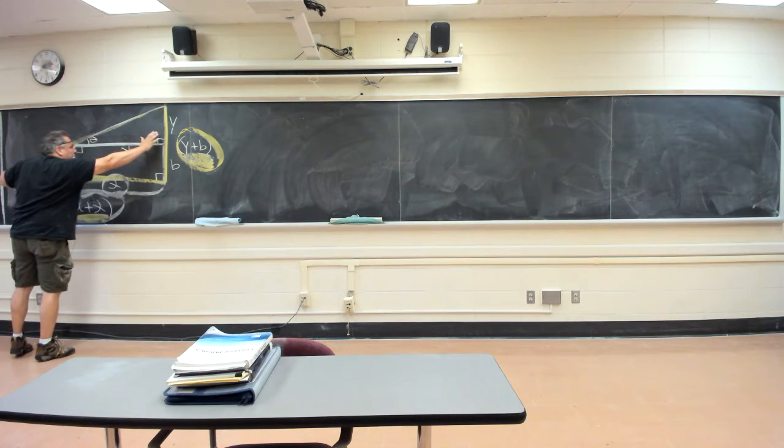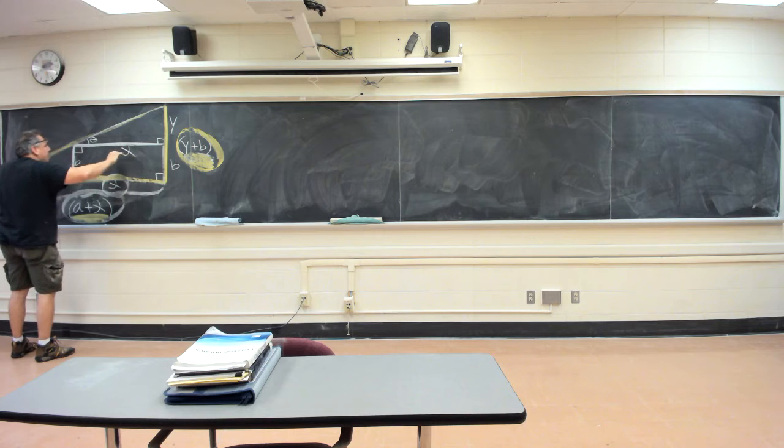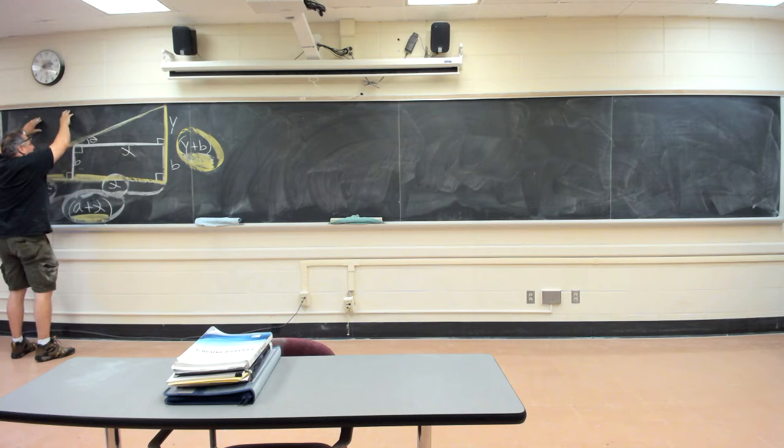There's a right triangle right here, big right triangle. I can make an identical big right triangle to this and put it up here and kind of glue them onto each other.